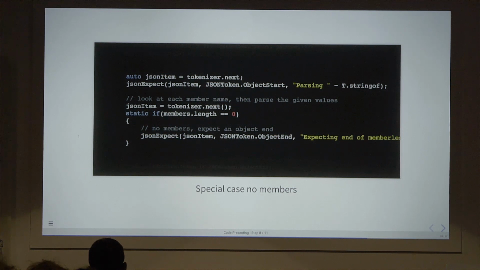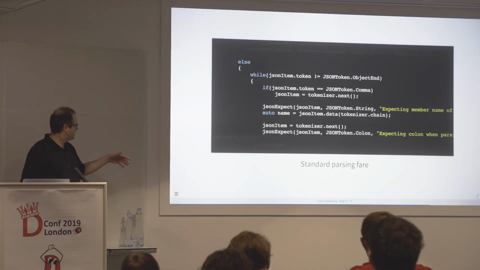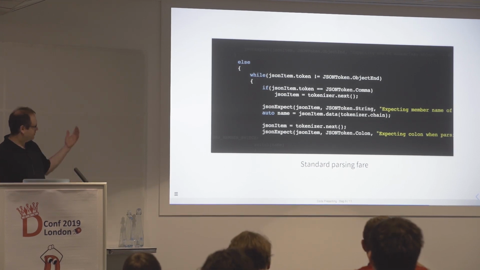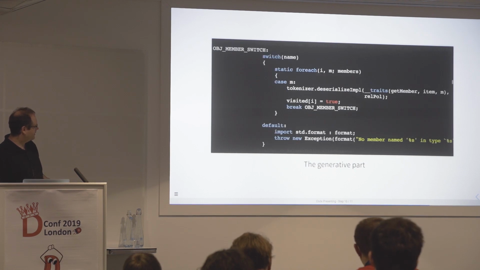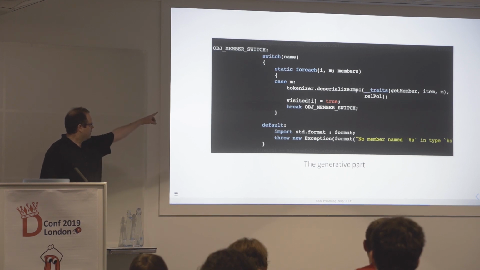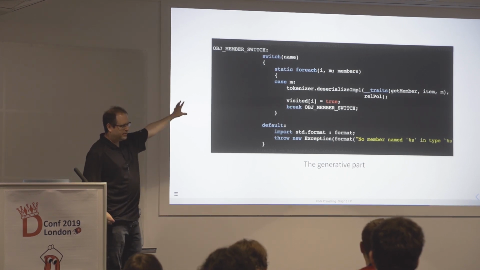Special case for no members, so if there's no members in the object, I don't know why you'd want to serialize that, but it is in there. And then this is some standard parsing fare. So let's pull off the name, let's pull off the comma. Basically we're dealing with the tokenizer, and this is the whole function, basically. So we switch on the name.